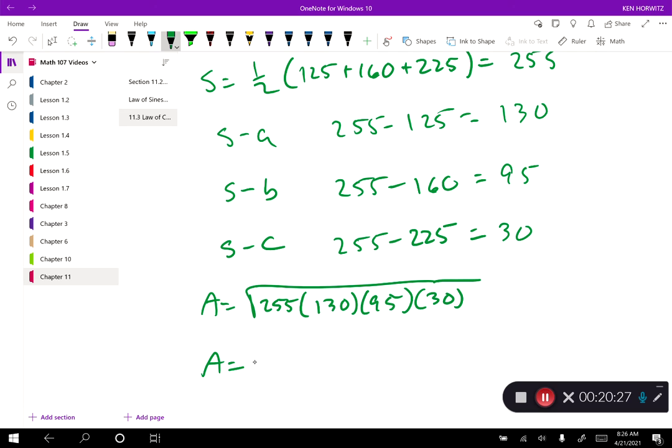If you did the calculation correctly, you should have gotten 9,720 meters squared, which would be your area. Remember, area is always square units. And there's your answer. All right, thank you guys for listening. There's a lot more practice ahead, but I hope you got a good introduction to the law of cosines.